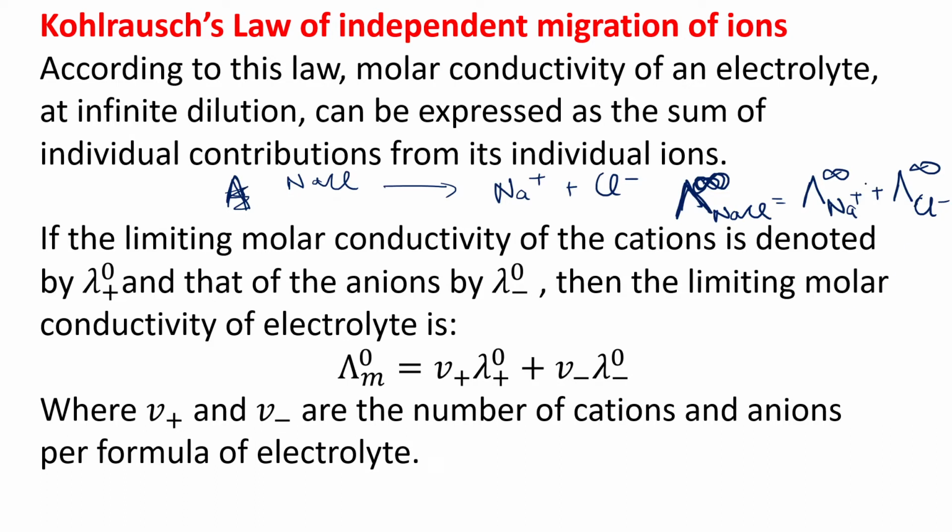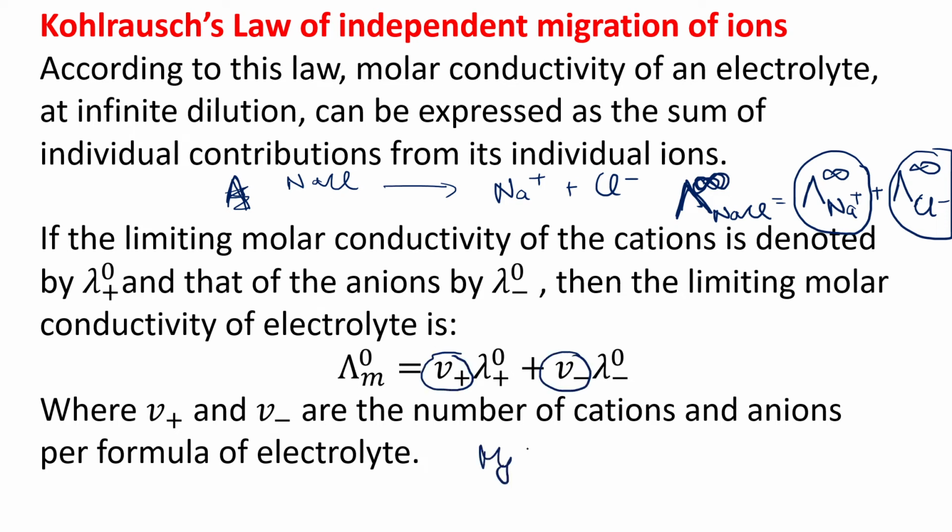So this law says that the molar conductivity of an electrolyte at infinite dilution is the sum of the molar conductivity of the sodium ions and of the chloride ions at infinite dilution. If the limiting molar conductivity of the cations is denoted by lambda plus naught and that of the anions by lambda minus naught, then the limiting molar conductivity of the electrolyte will be nu plus lambda plus naught plus nu minus lambda minus naught, where these are the stoichiometric numbers of the cations and anions.